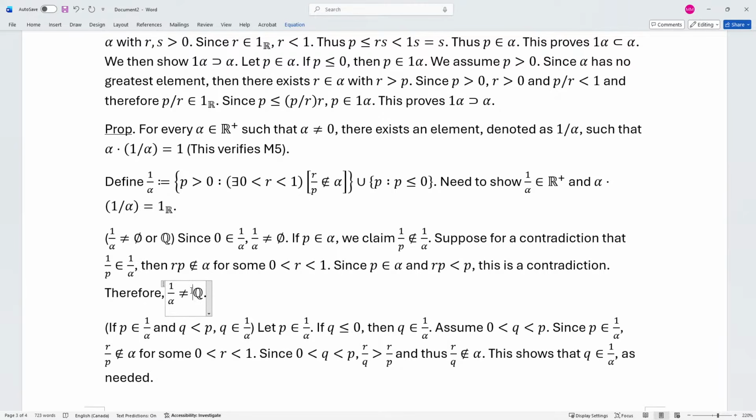The set of real numbers is the collection of all cuts, and that's our definition. The set of all real numbers is the set of all cuts. So we want to show 1 over alpha belongs to that set. It can never equal that set, right? So that's a category error.